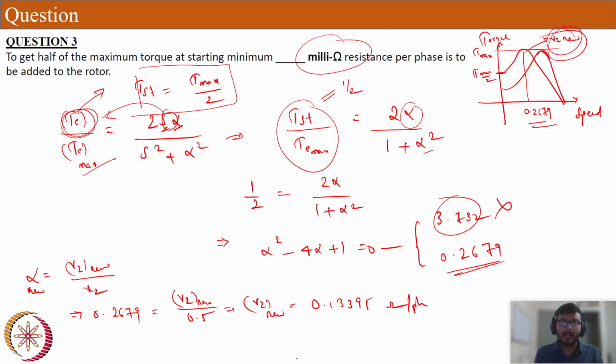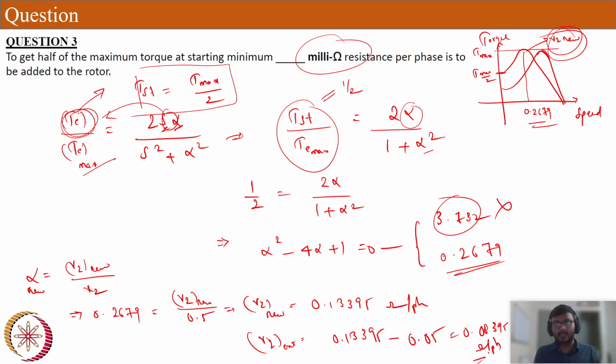Okay, now we are asked to see how much needs to be added additionally. Now you have to subtract the original. R2 external is equal to 0.13395 minus R2 old. How much is R2 old? 0.05. Subtract this one. This is 0.08395 ohms per phase.